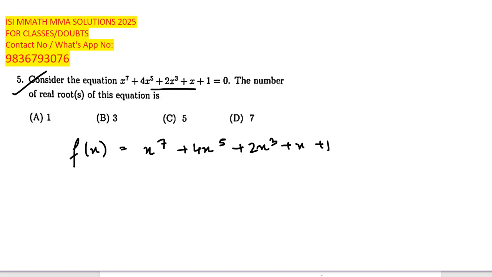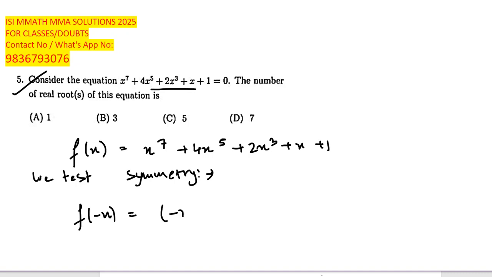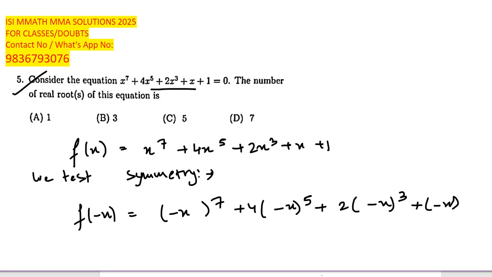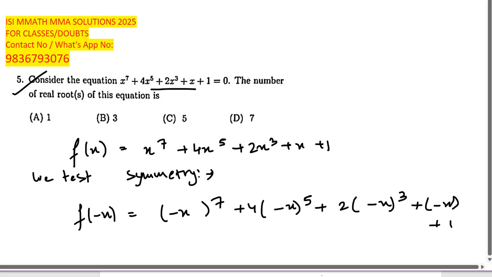So here first we test the symmetry. f of minus x is minus x to the power 7 plus 4 times minus x to the power 5 plus 2 times minus x cube plus minus x plus 1.